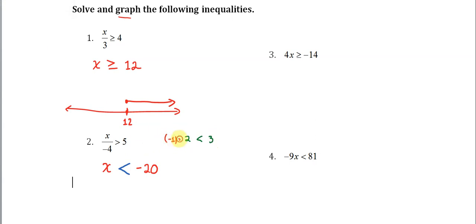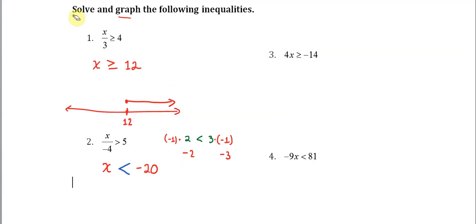So negative 1 times 2 and negative 1 times 3, on the left and on the right. So on the left side you have negative 2 and on the right side you have negative 3. Well, we can no longer put the inequality sign this way, right? It makes no sense to say that negative 2 is less than negative 3. In fact, the opposite of that is true.